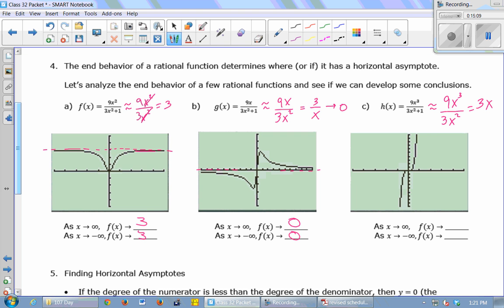And as x gets really big negatively, what happens to 3x? Gets bigger negatively. So as x approaches infinity, f of x approaches infinity. And as x approaches negative infinity, f of x approaches negative infinity. And you can see that that's what's happening in the graph. So in this case, we have no asymptote. It just grows and decays without bound.